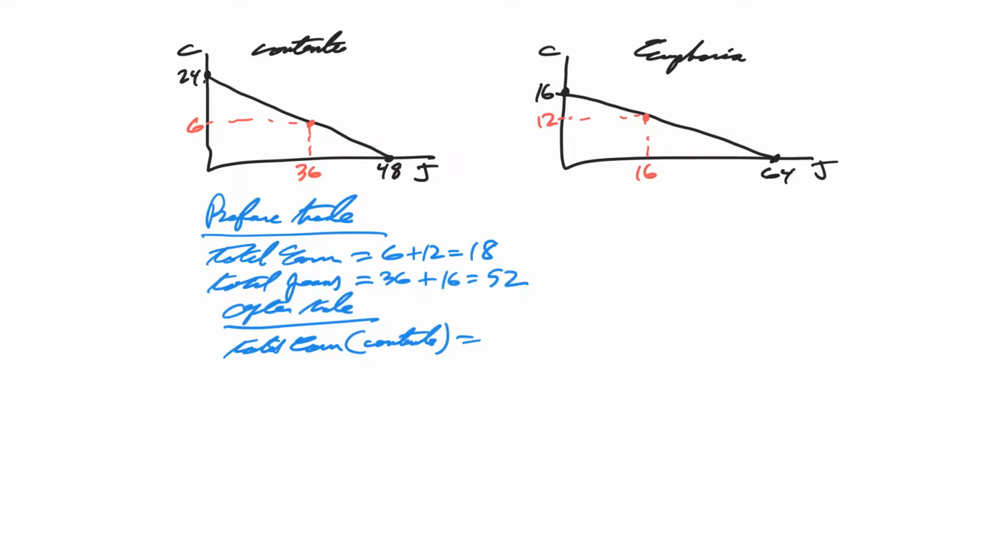Total corn is 24. And total jeans, all of the jeans are being produced by Euphoria now. And Euphoria, as you look over there, is 64 jeans.